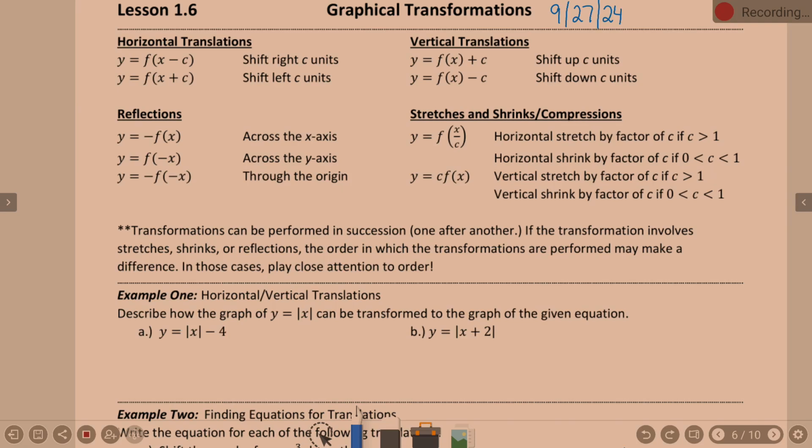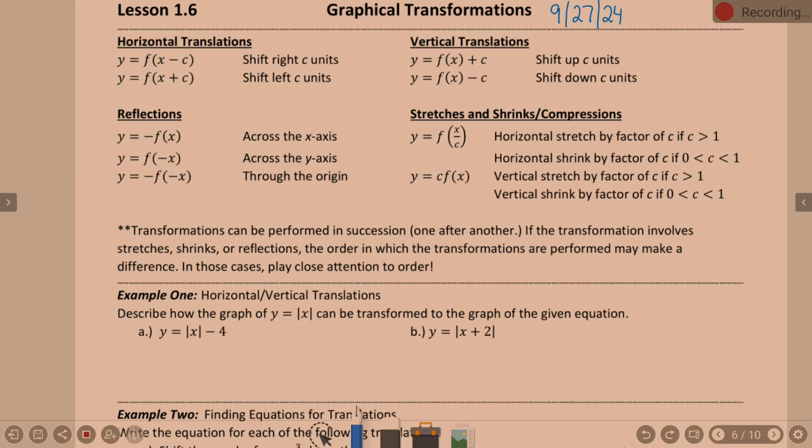Reflections. And then stretches and shrinks, or compressions. The Algebra 2 book uses the word compressions, right? I want to say this pre-calc book maybe uses the word shrinks. I don't remember exactly, but just realize a shrink versus a compression, same thing. In both cases we're talking stretches. Now, the one you're familiar with is the vertical one down here.